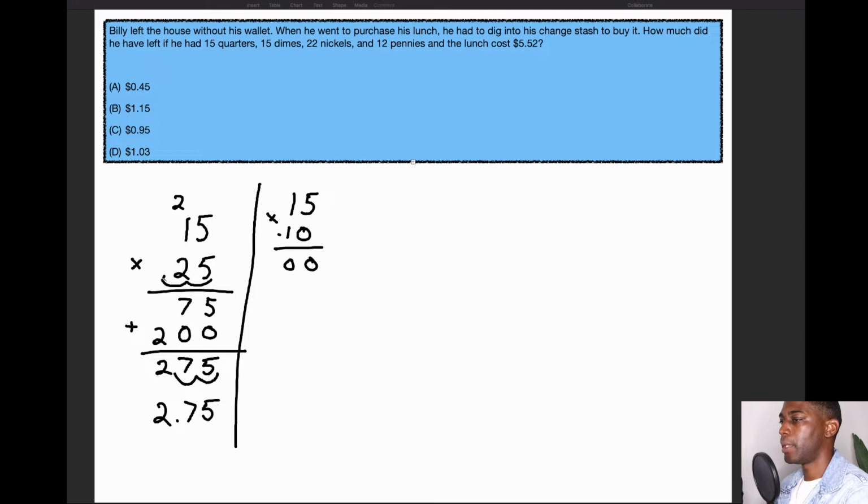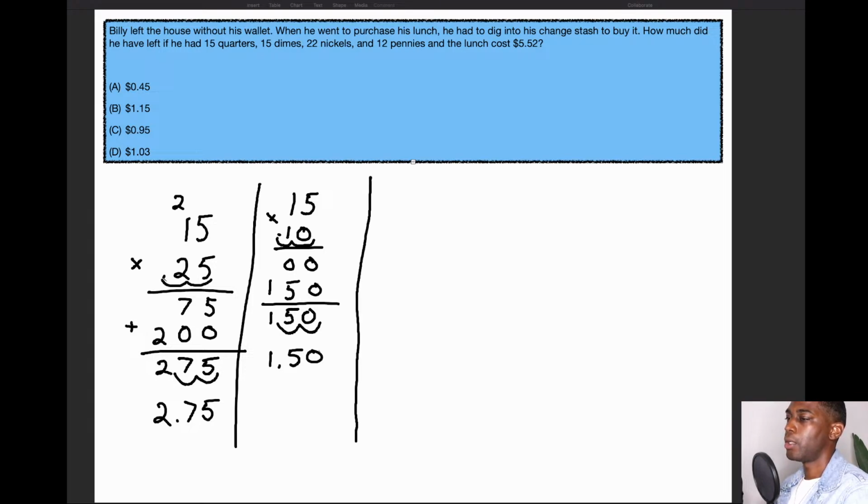We put our placeholder 0, and anything times 1 is itself. So 1 times 5 is 5, 1 times 1 is 1. Add these together and you get 150. Moving the decimal 2 places to the left gives us $1.50 in dimes.